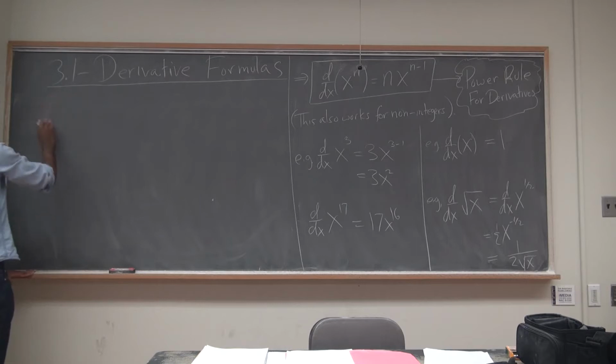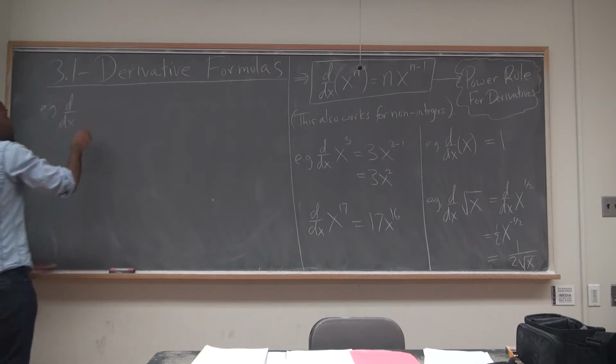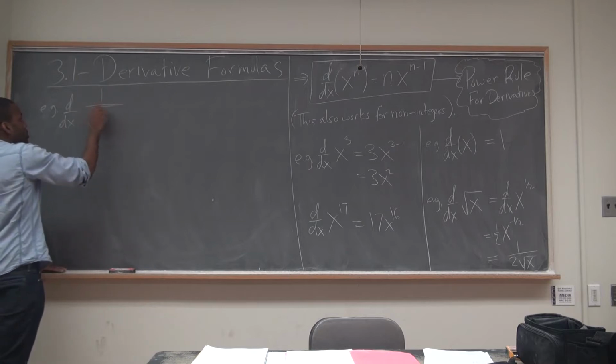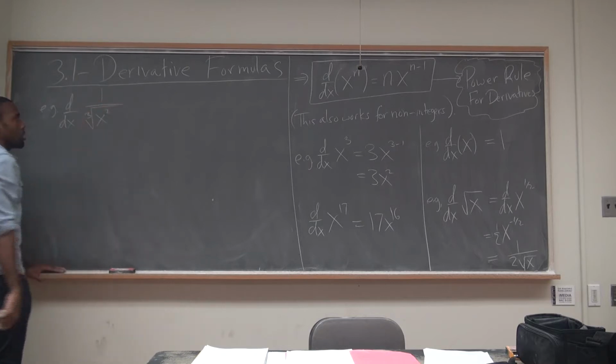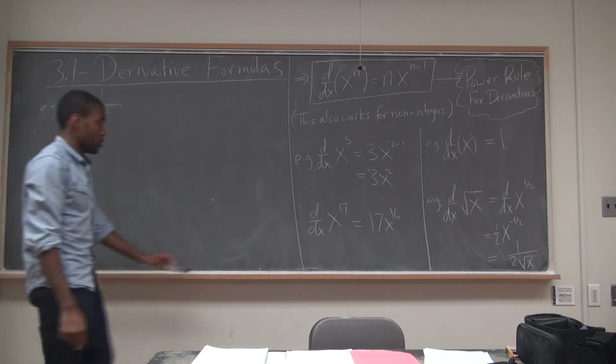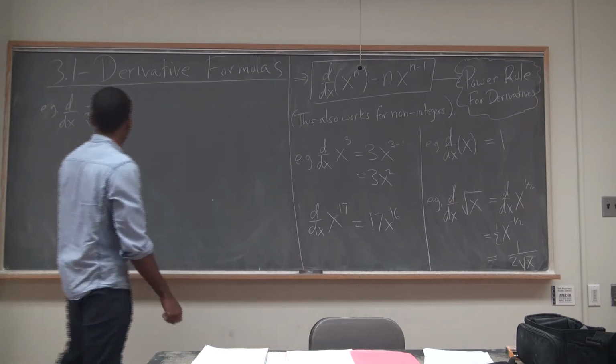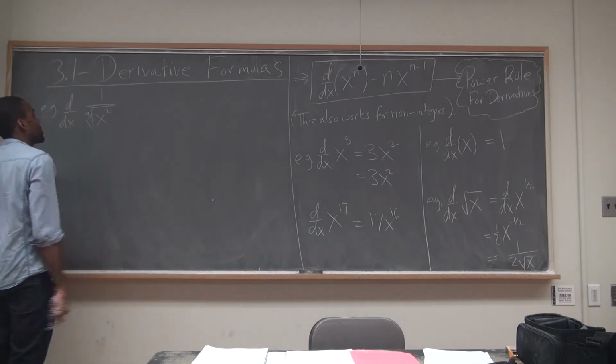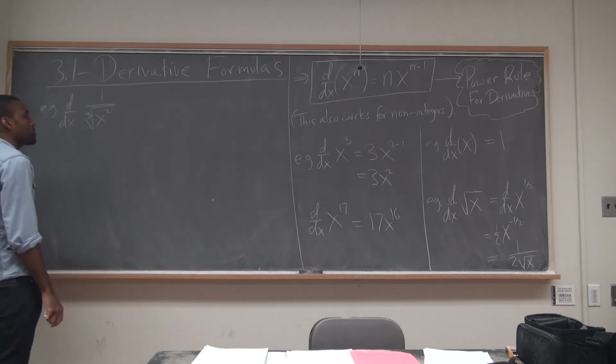So for example, what is the derivative of 1 over the cube root of x squared? Would you want to plug that into the limit definition? I wouldn't. Anyone know how to conjugate a cube root? It's ugly. Not super ugly, but it's pretty ugly. Yeah, so how would you do that?